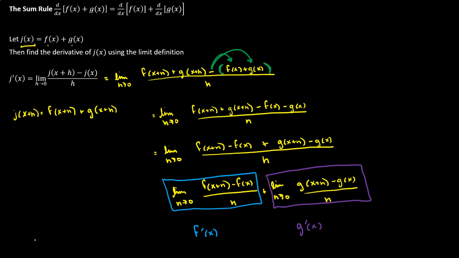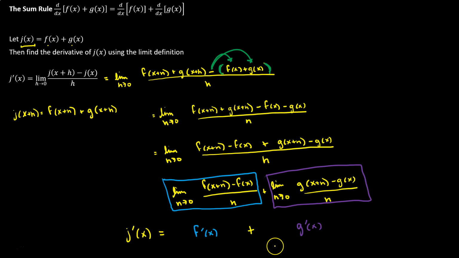So essentially what we just showed was that j prime is the exact same thing as finding the derivative of the f function and the derivative of the g function and adding them together. So this is great. I can find the derivative of each function individually and then add the results together at the end. We say that the derivative of a sum is equal to the sum of the derivatives.